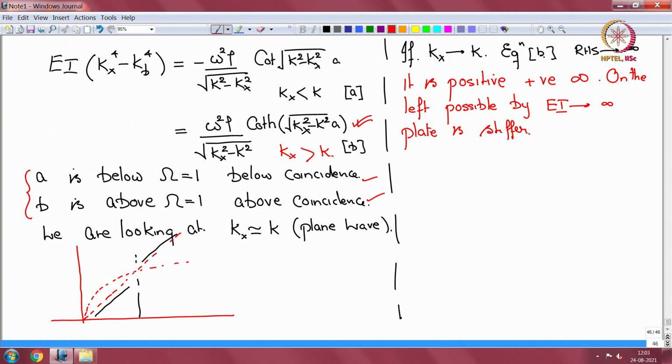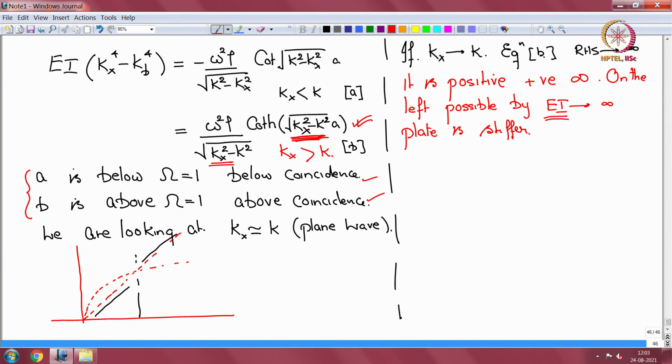As my plate becomes more and more stiff, above coincidence my kx will start approaching k, and that's how both sides will balance.